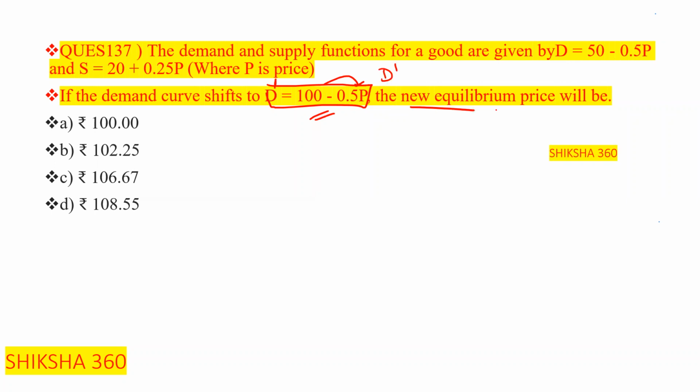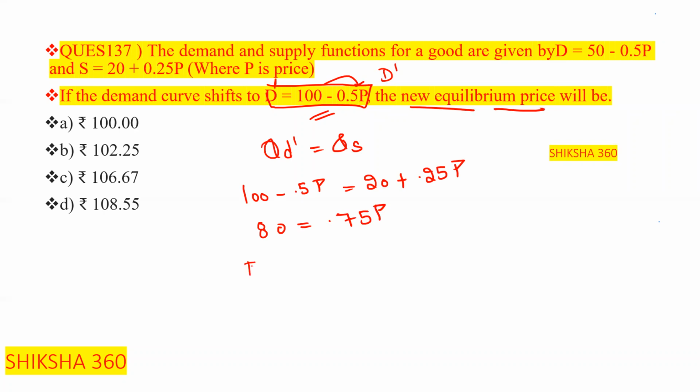So what is the new equilibrium price? Just simple: QD dash is equal to QS, that is 100 minus 0.5p is equal to 20 plus 0.25p. So this is 80 is equal to 0.75p.